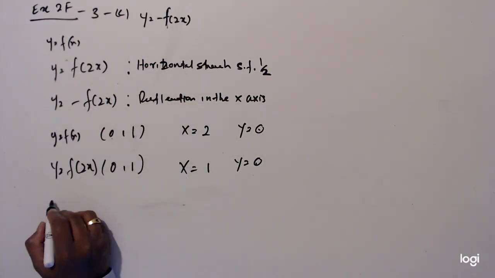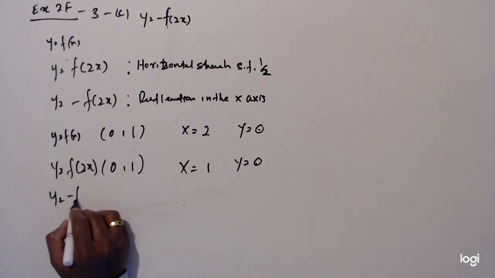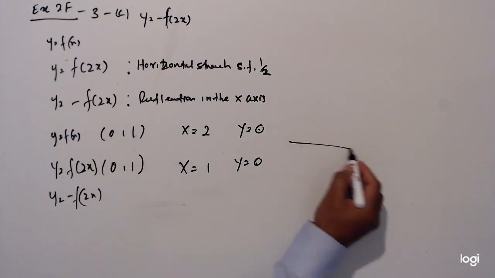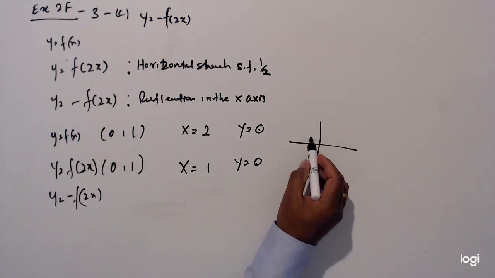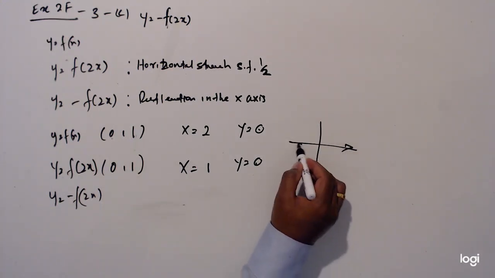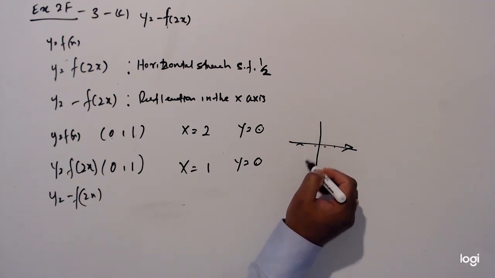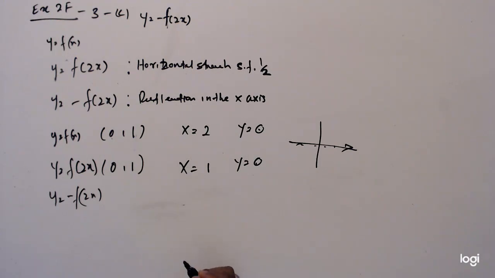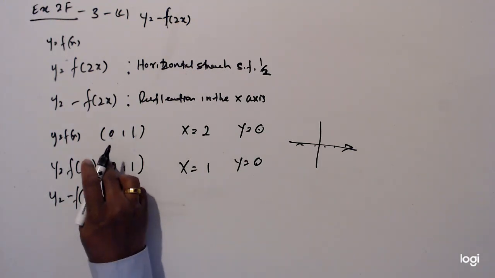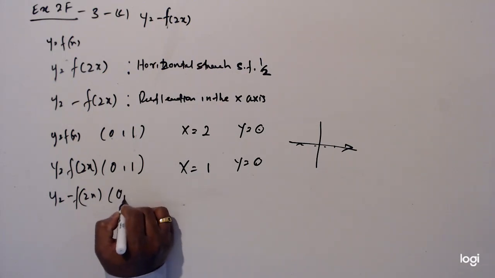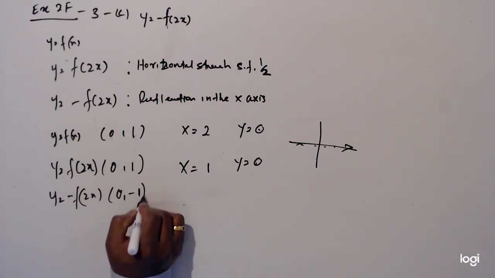Then y equals minus f(2x). So this is going to be a reflection along the x-axis. All the x values are the same, only the y value changes in sign. So basically the x value is the same, 1 becomes minus 1.